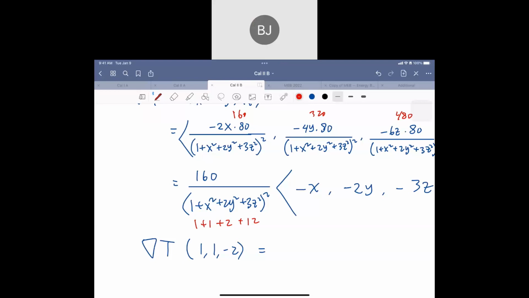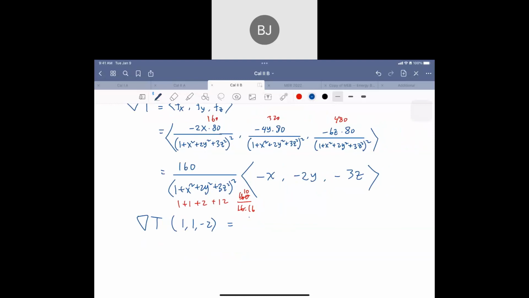We will have 16, 16. So we will have 10 over 16, which is 5 over 8. And then this will be negative 1, negative 2, and 6.